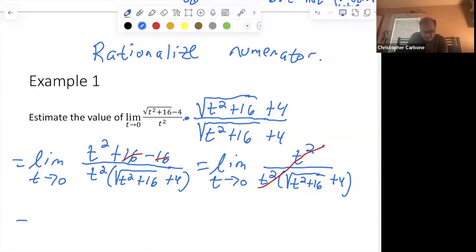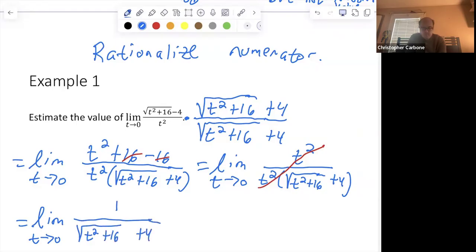So this simplifies to be the limit as t approaches 0 of 1 over the square root of t squared plus 16 plus 4 on the outside.